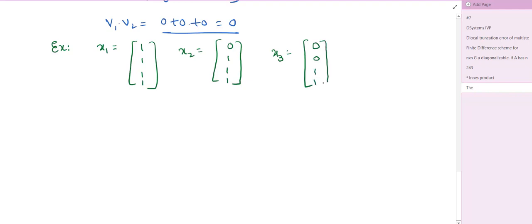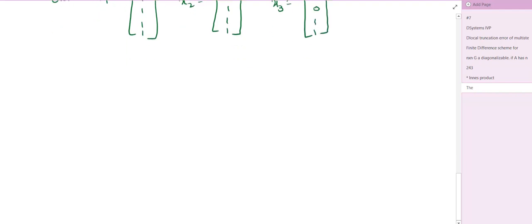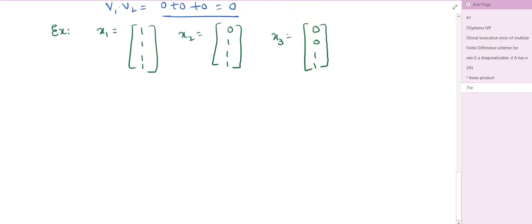Then x1, x2, x3 are clearly linearly independent and we have to construct the orthogonal basis. So the first step is v1 equal to x1, which is 1, 1, 1, 1.